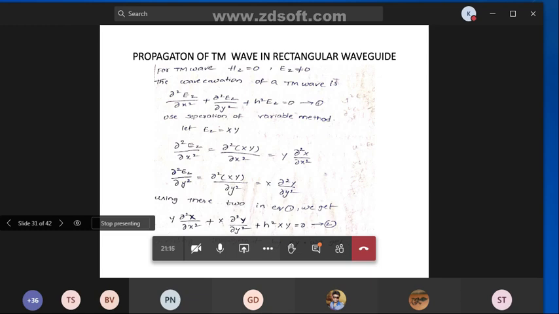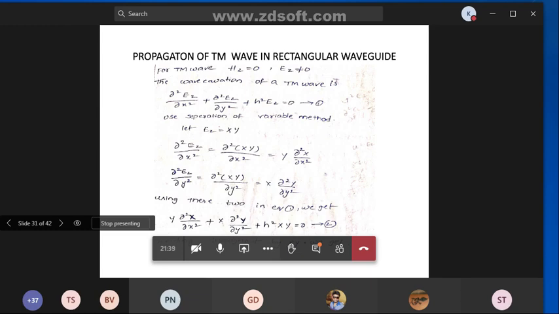In a similar way, dou square Ez by dou y square, substituting XY in place of Ez, is dou square XY by dou y square. This we can write as X into dou square Y by dou y square.